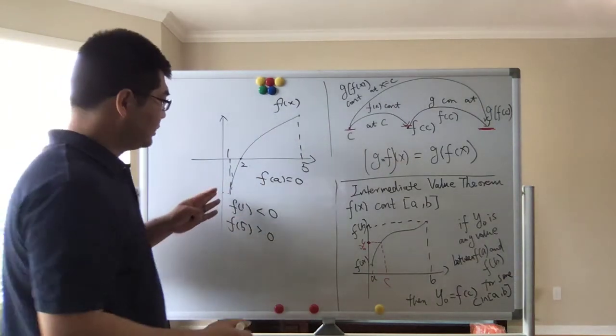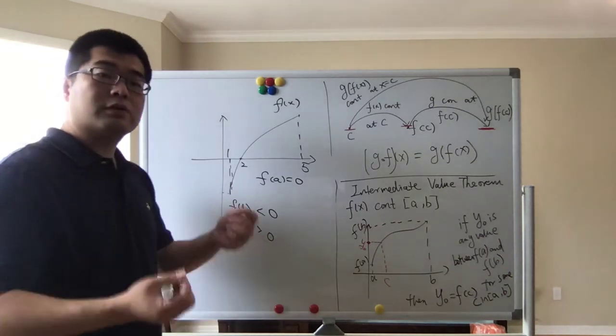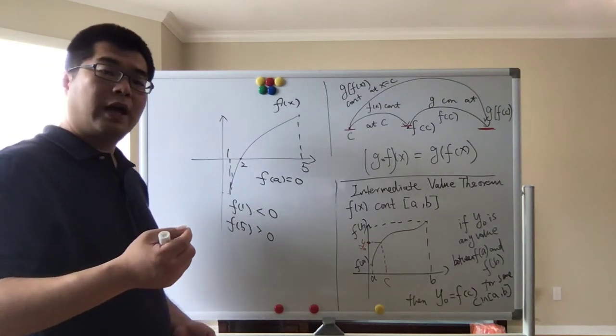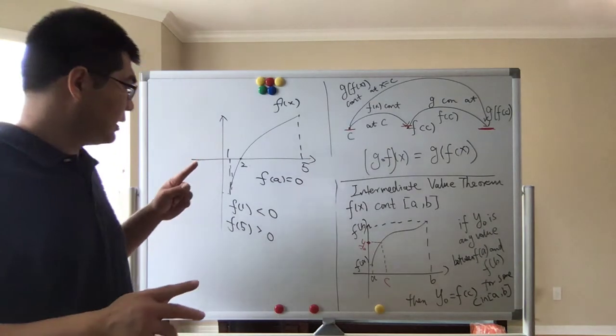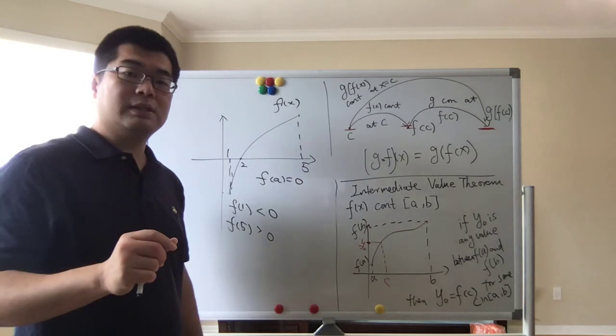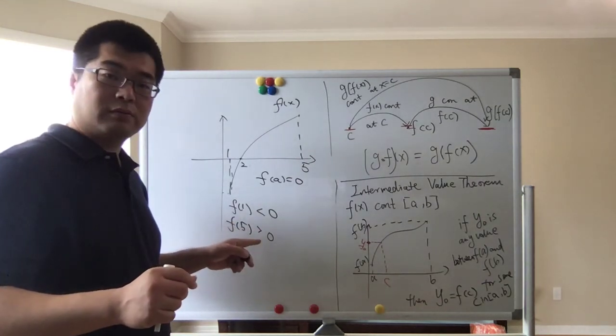My function is continuous from 1 to 5, and those two endpoints' f values have opposite signs. One is negative, one is positive. So do you see that 0 is actually between those two endpoint values, right?